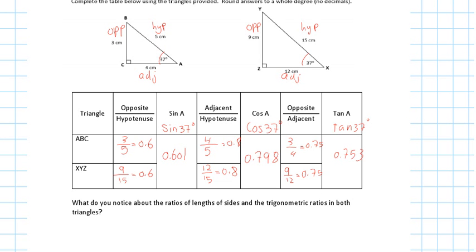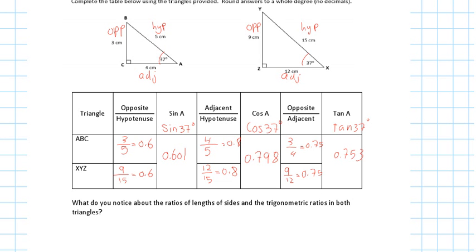Now when I did opposite over hypotenuse and I did sine 37, can you compare these two for me? They're the same, right? The only reason why this is different is because the angle could be 36.9. Okay? But because we can't leave angles with decimals, we change it to 37, and it gives you a little bit different answer.